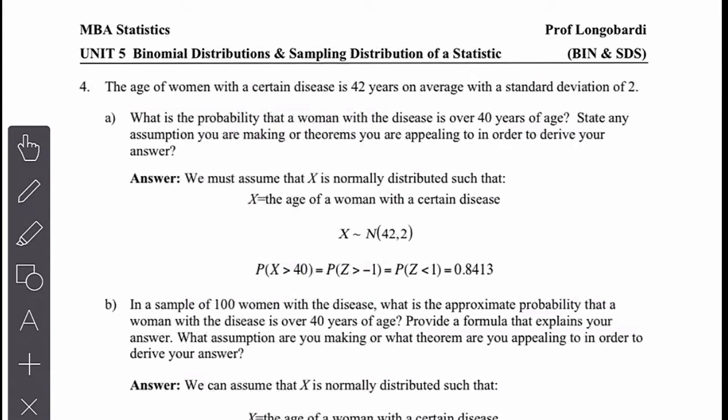Okay, so I think I'm done with SDS. So far then, you know about this set of formulas. This is for X, the count variable.